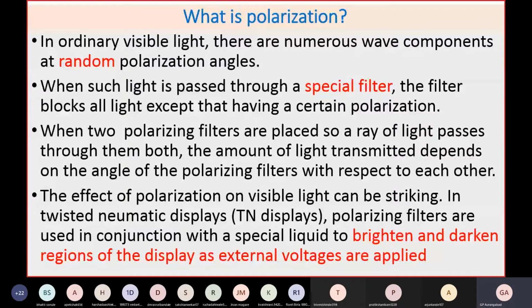Take a simple experiment: if you allow light to pass through a special filter, the filter blocks all the light except that which has a certain polarization.